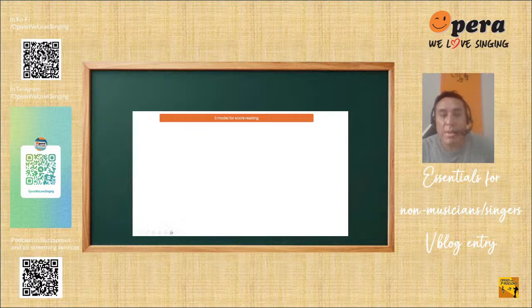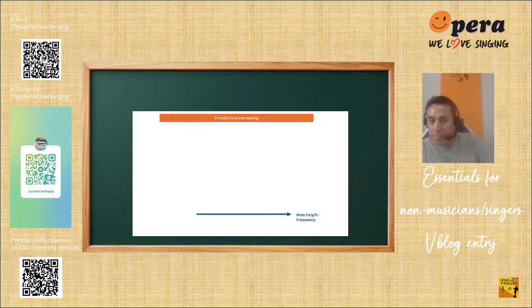We wrapped up last week by sharing that part of the information we get is, first, the note height or frequency, which refers to the note name and the octave it belongs to. If you are singing a C natural or a C flat, a D, we also read the notations in letters. If you're singing an E flat, an E sharp, etc., that has to do with note height and frequency.